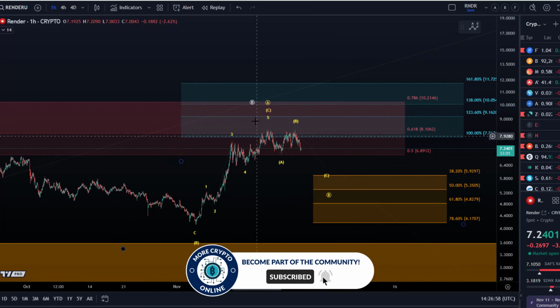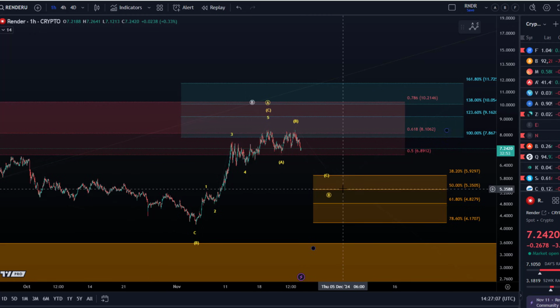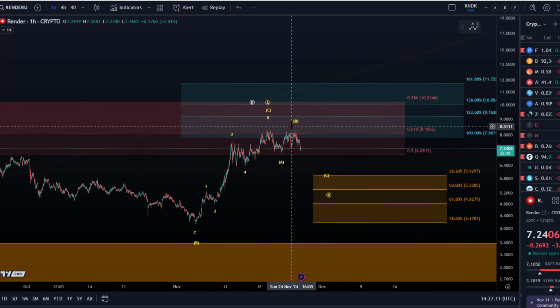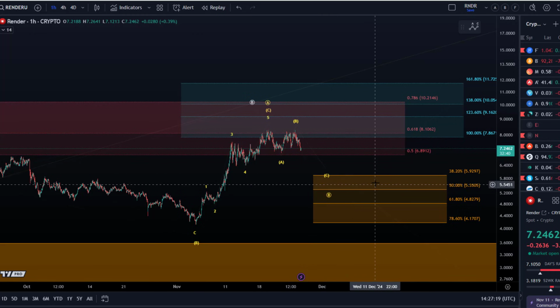But due to the 5-wave move down that we've seen, a 5-wave move down often indicates that another leg down is coming, at least based on what we see right now. It doesn't mean the price has to get there. It doesn't mean that this is a target. We're in a bullish market, so pullbacks can be shallow.